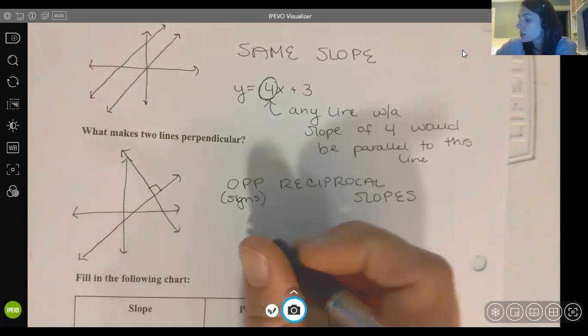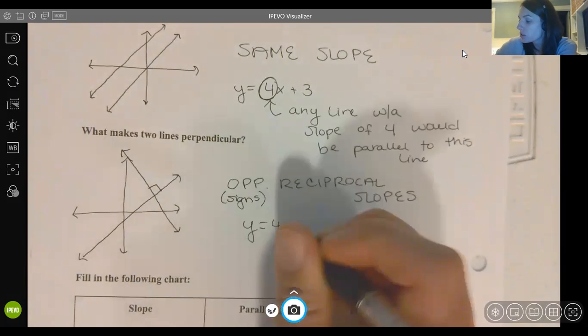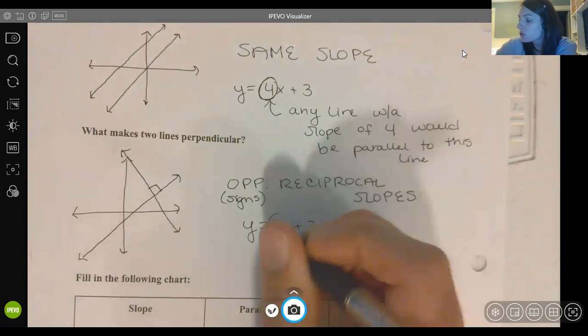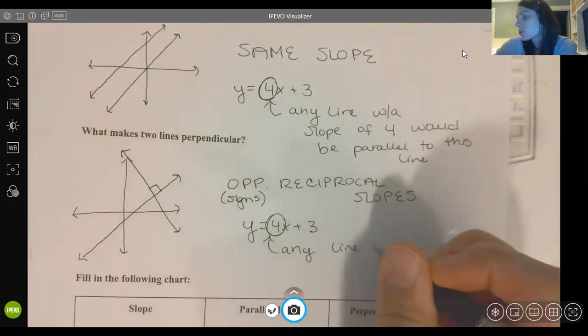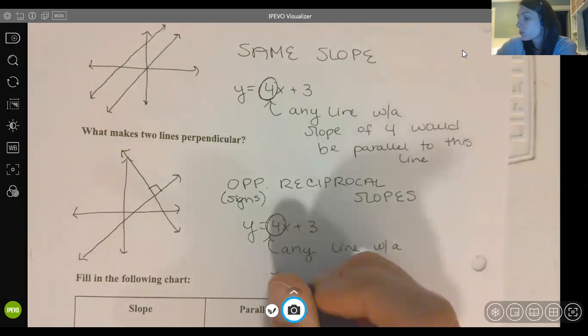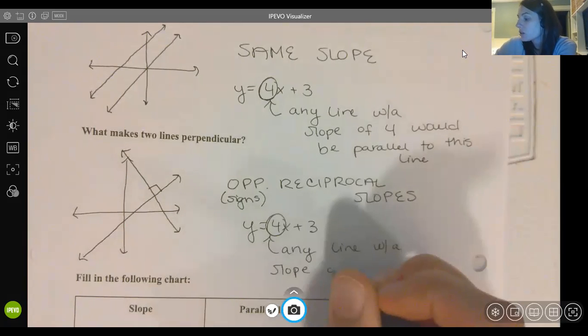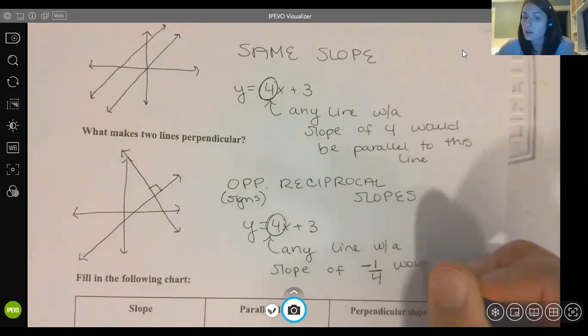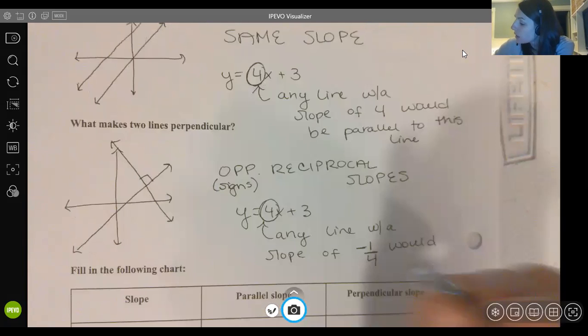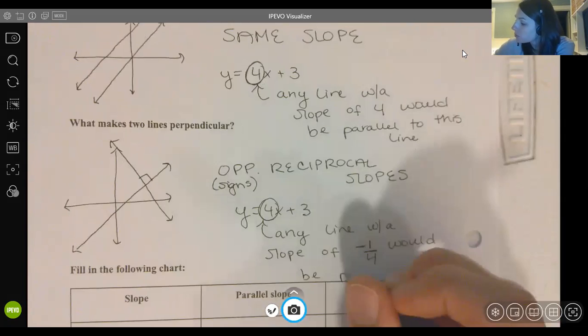So if I again go to that same line, y equals 4x plus 3, this slope is 4. Any line with a slope of negative 1/4 would be perpendicular.